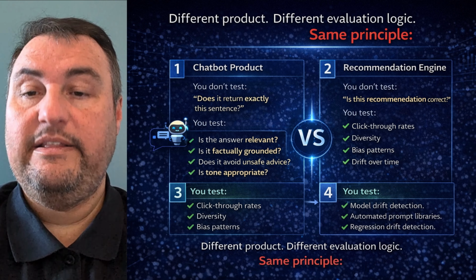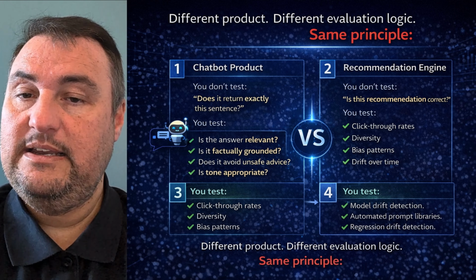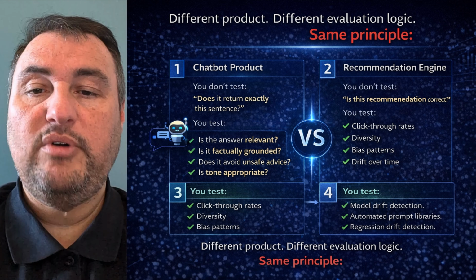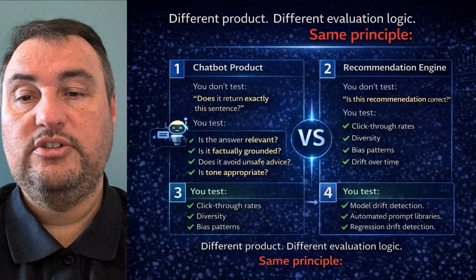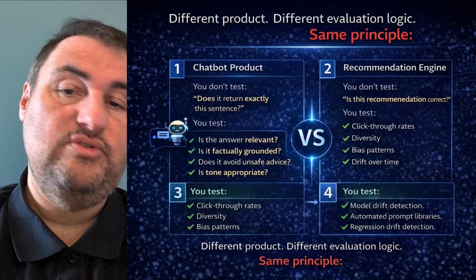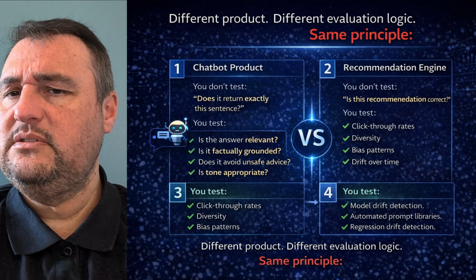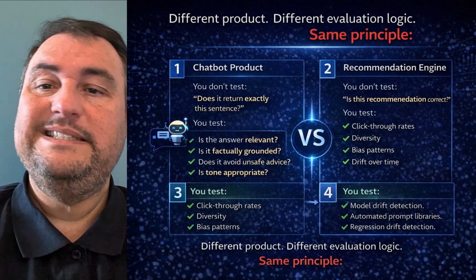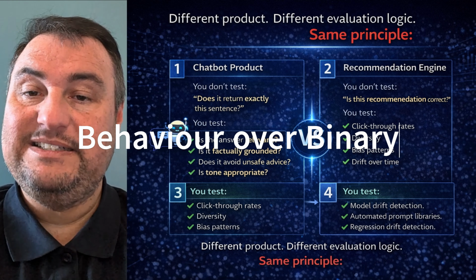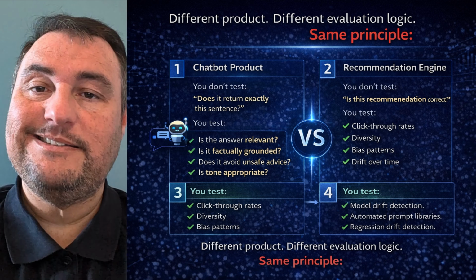You test click-through rates, diversity, bias patterns, drift over time. Different product, different evaluation logic, same principle, behaviour over binary. If you take one thing away, take that sentence.